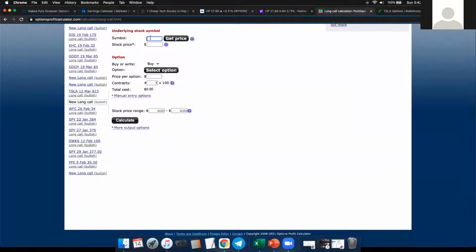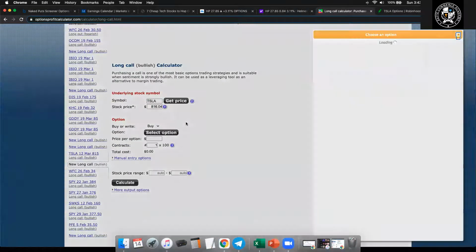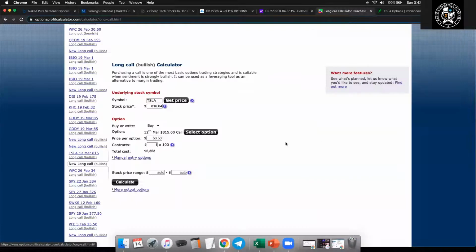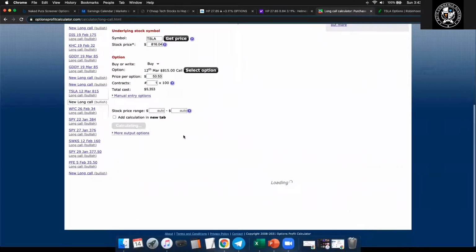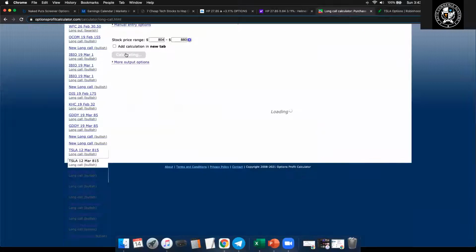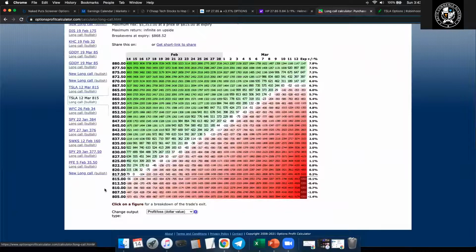Wrong side. Let's start again. Tesla option, March 12th, all the way down, 815, 53.53. Auto. Now we want to change this side to 804. 804 is your stop loss. Calculate, boom.